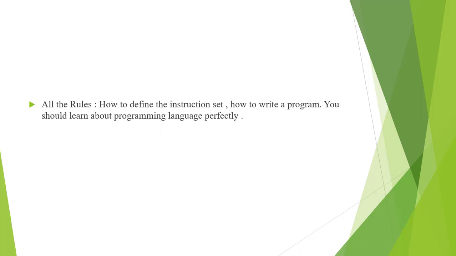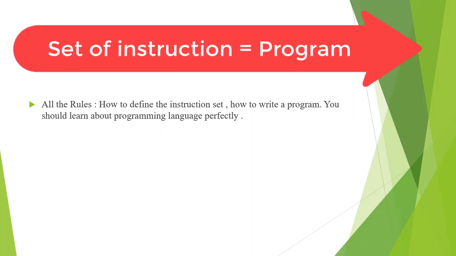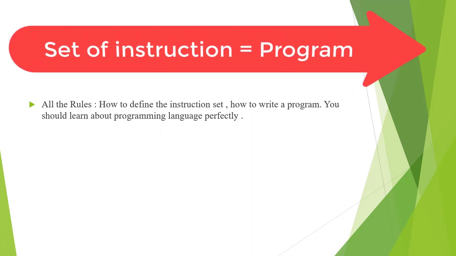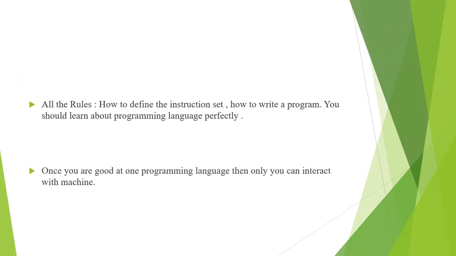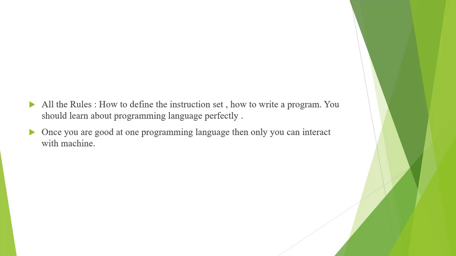A program simply means a set of instructions, like "Hi, how are you, how are you doing" in the English language, right? Not in programming. You should learn the programming language perfectly. Once you are good at programming, then only using a programming language can you interact with the machine.